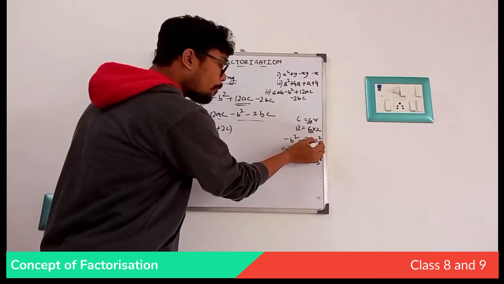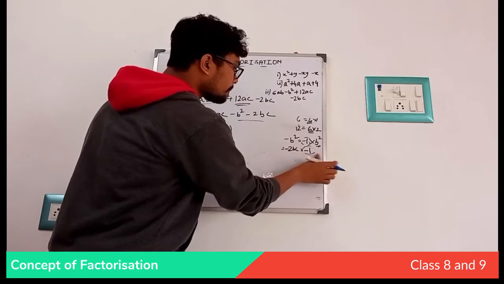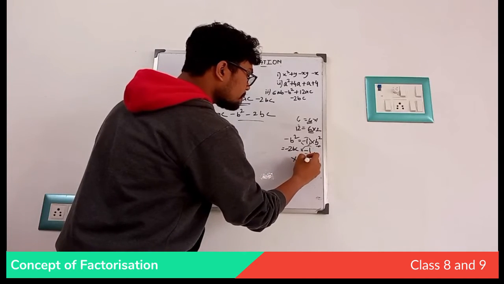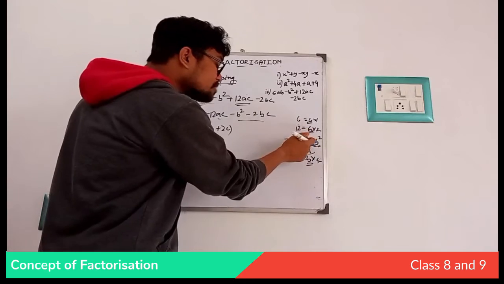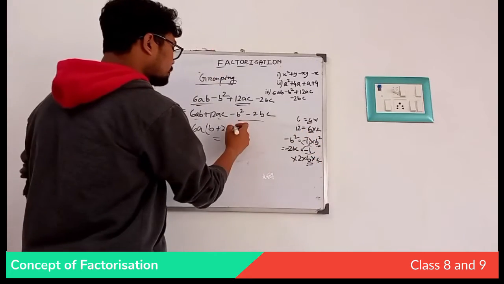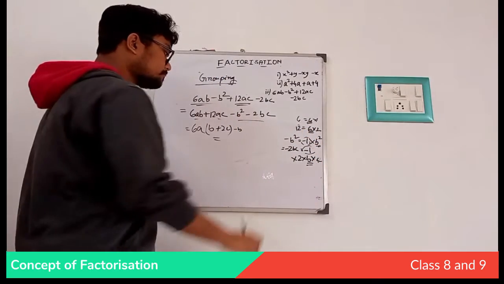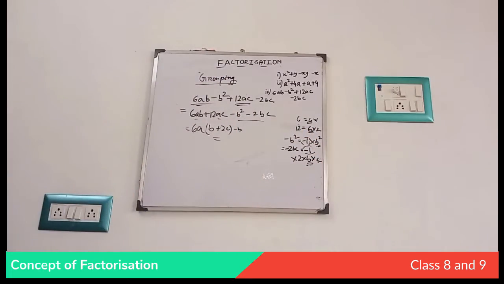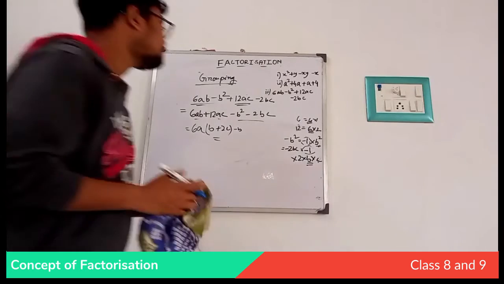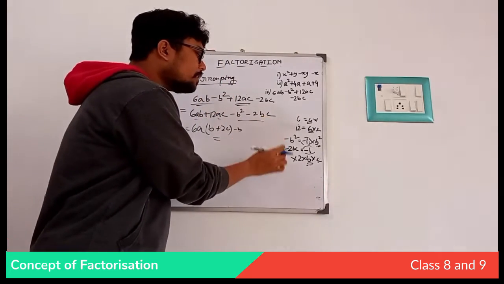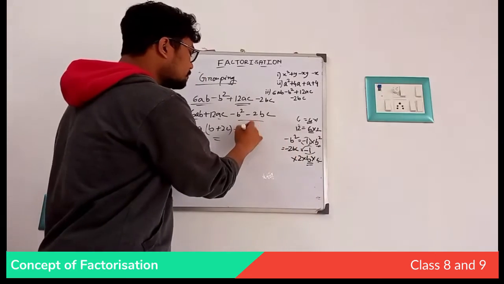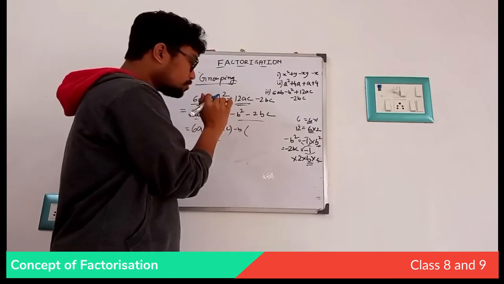So here b is common. So minus 1 into b is a common part. So what is the remaining portion?